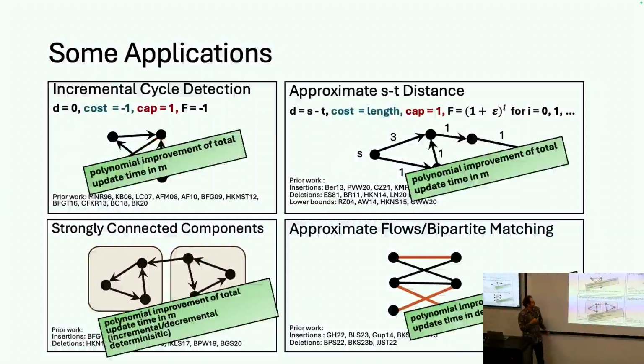Okay. So let's see what type of improvement we get. So for all these problems, we get a significant improvement over the previous algorithms that only worked for one of these. And for incremental cycle detection, strongly connected components, and approximate ST distance, we just get an improvement in the total runtime in the number of edges.